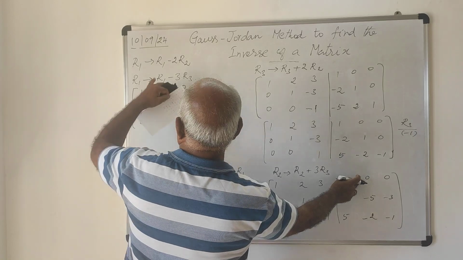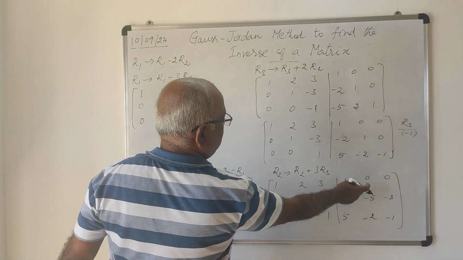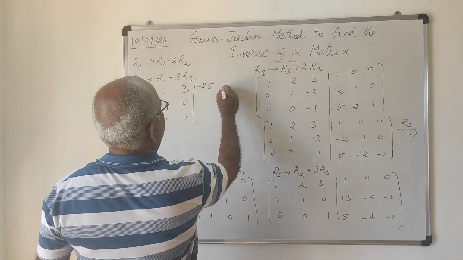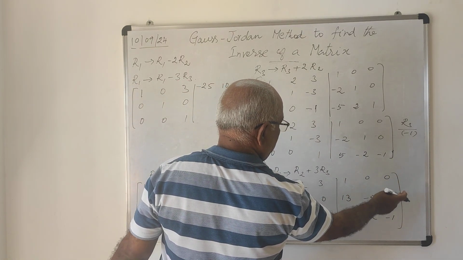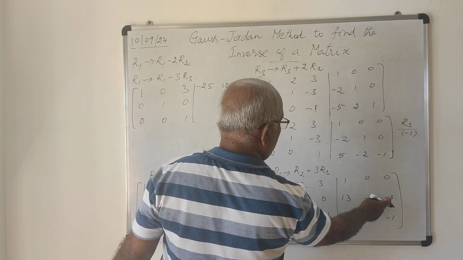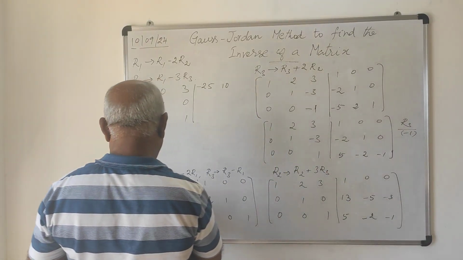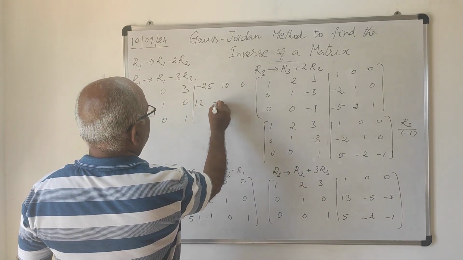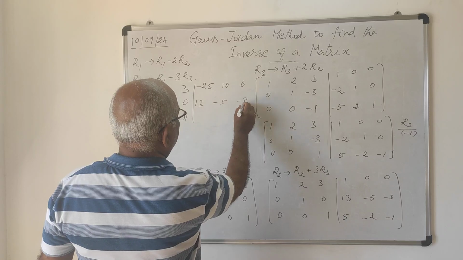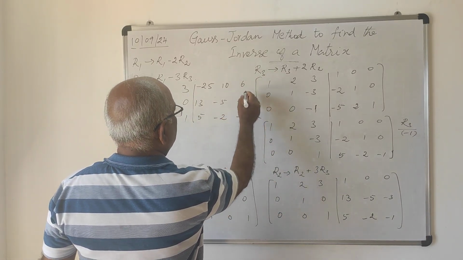R1 minus 2 R2 minus 10, 0 minus minus 10 is 10. And R1 minus 2 R2 plus 6, 2 3s are 6. The next row as it is, 13, minus 5, minus 3, and 5, minus 2, minus 1.